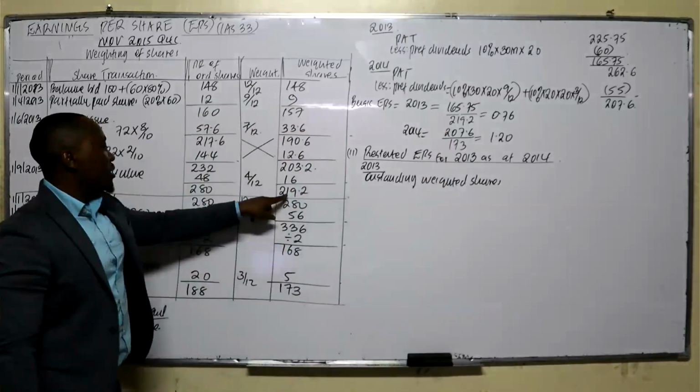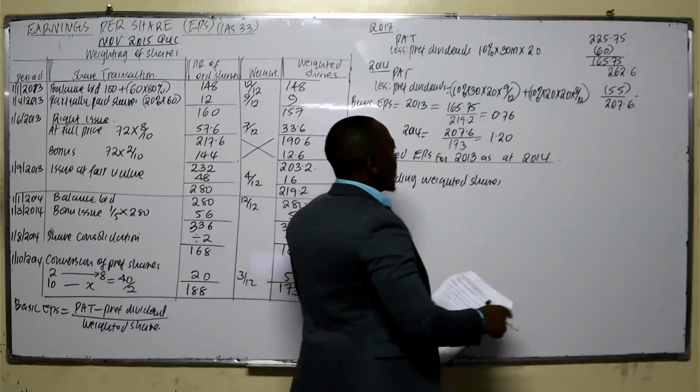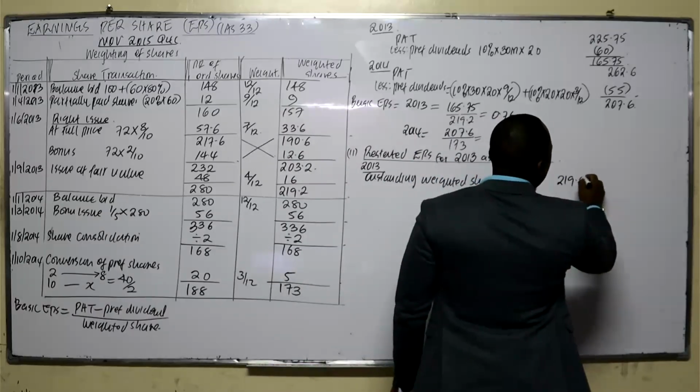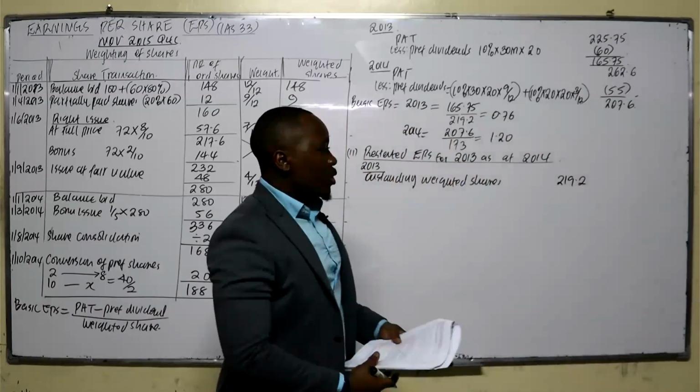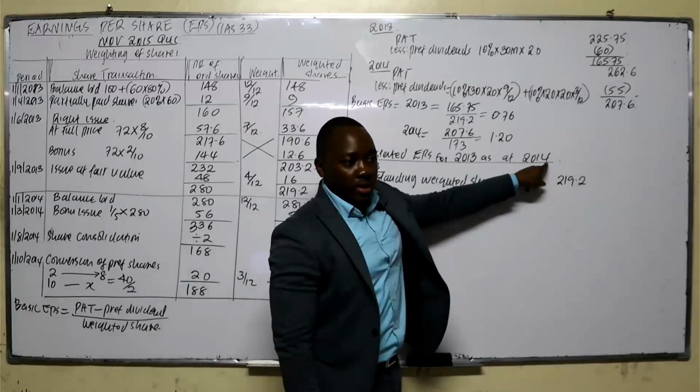So for 2013, the weighted shares was 219.2. Then you want to determine the earnings per share for 2013 that will be shown in 2014.